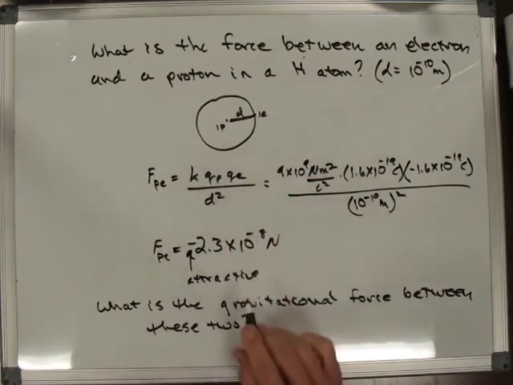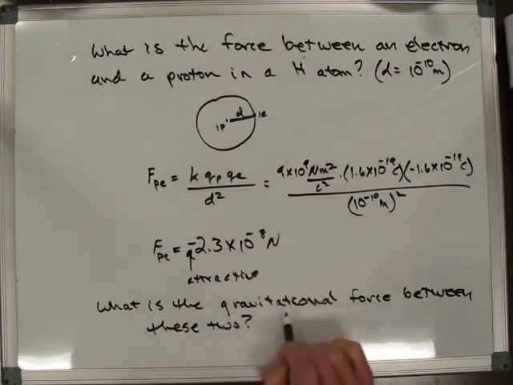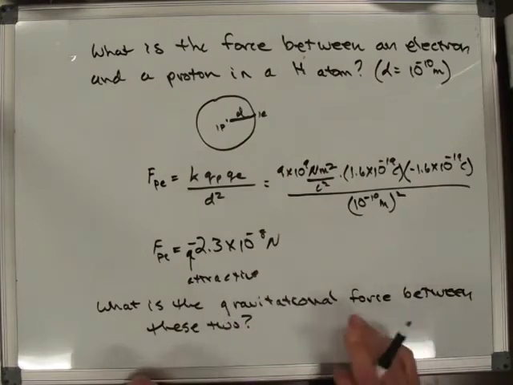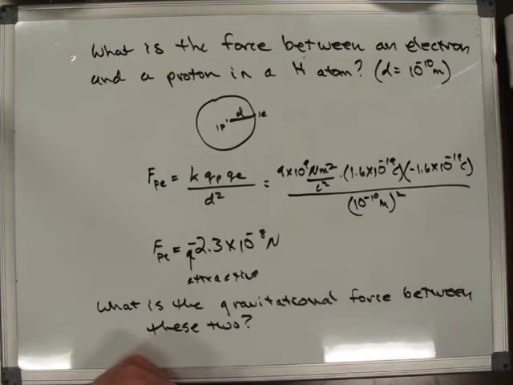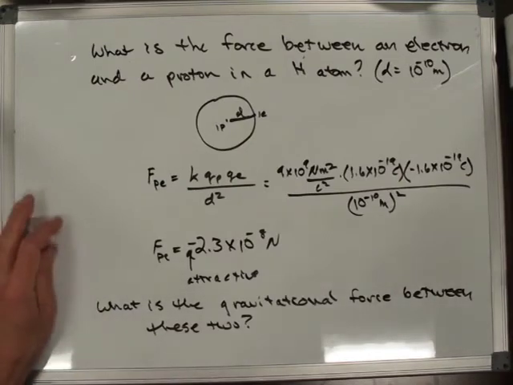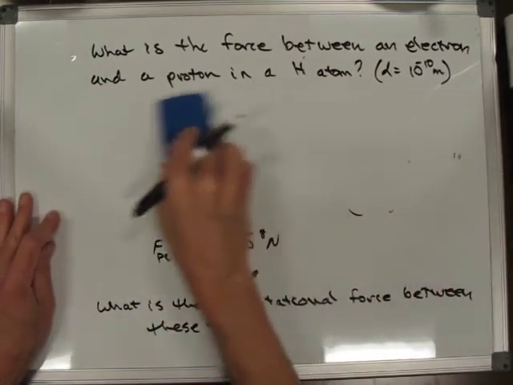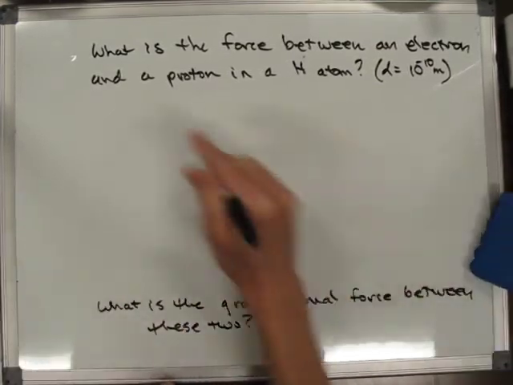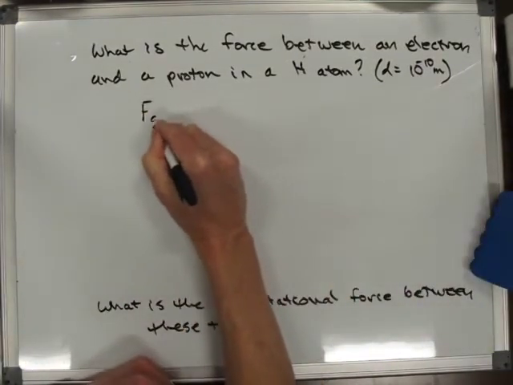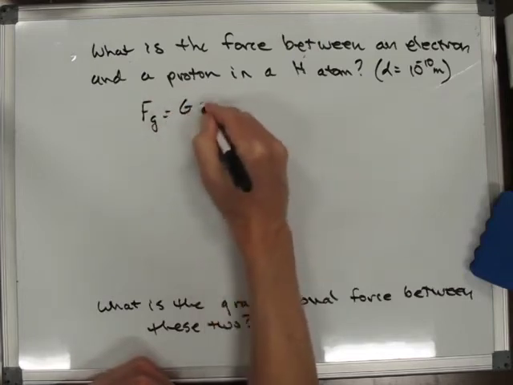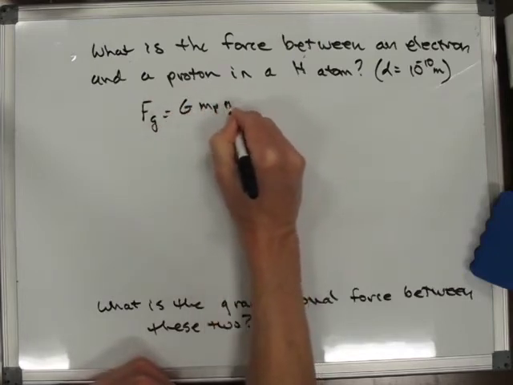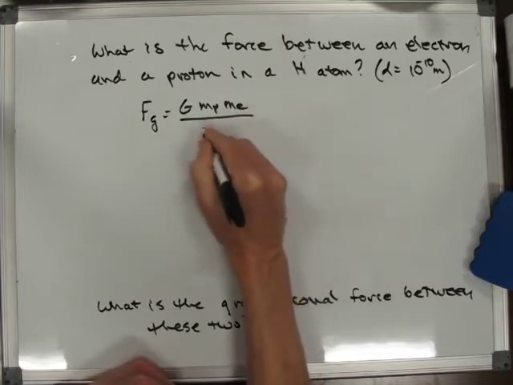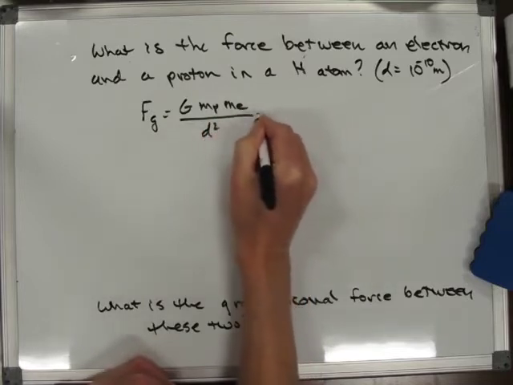instead of looking at the force between the charges, we'll look at the gravitational force between them, because we know the formula for the gravitational force from last semester. The gravitational force is just G times the mass of the proton times the mass of the electron over the distance squared.